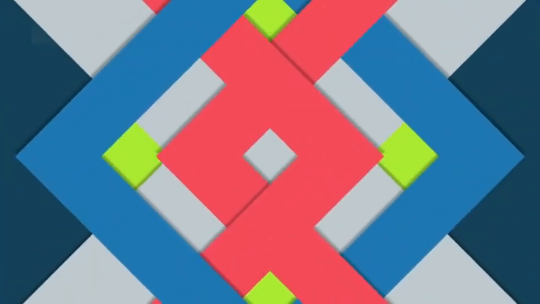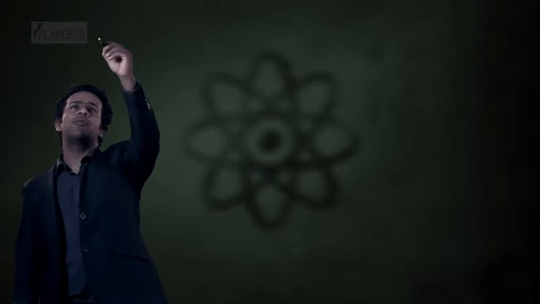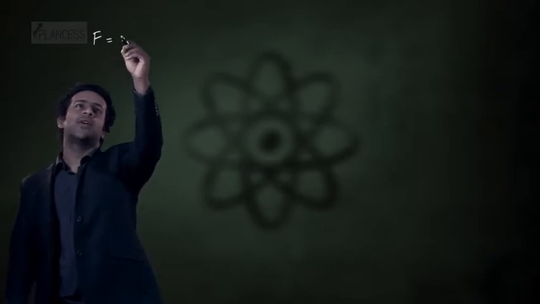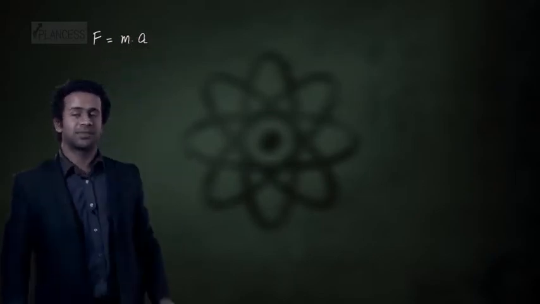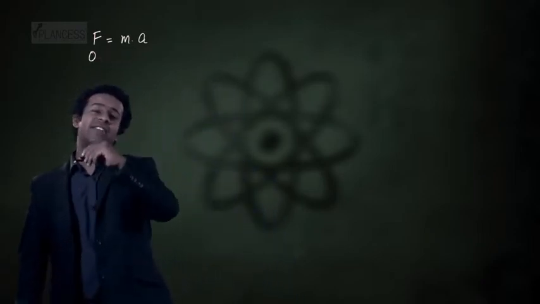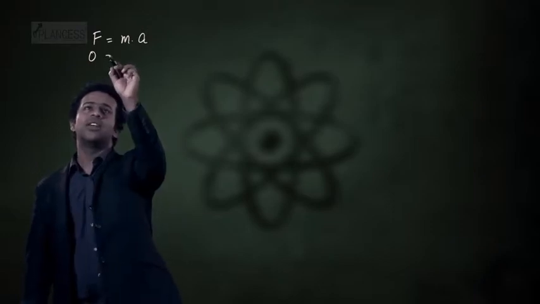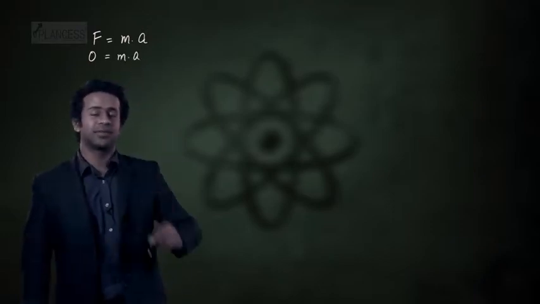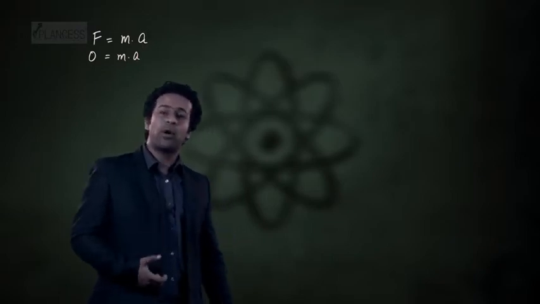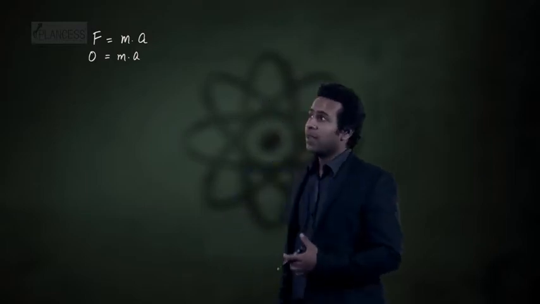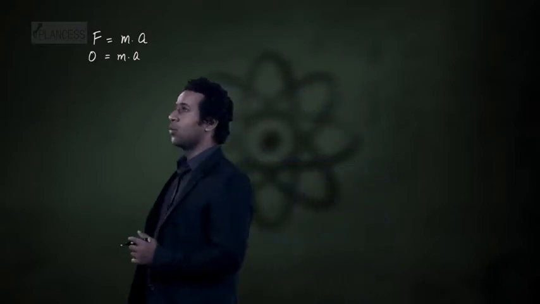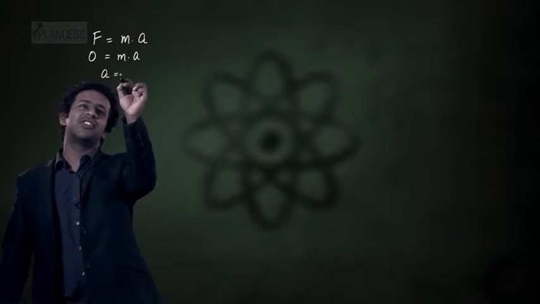Now the first law of motion can be derived from the second law of motion. Let's see how. The second law of motion tells us that force is equal to mass into acceleration. So now, in a case where force is 0, the left hand side becomes 0. So 0 is equal to mass into acceleration. Now, since we are talking about bodies which have a mass, because only then they will possess inertia, the mass term cannot be 0, which means acceleration is 0.